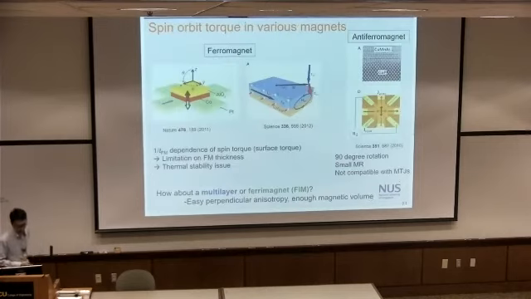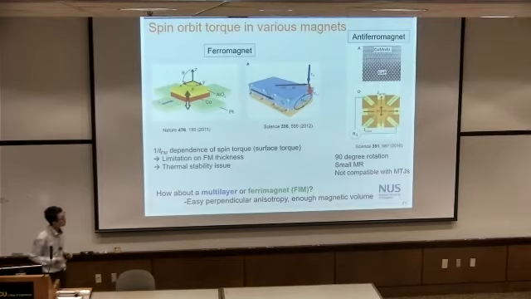All right, so let me go back to this SOT. As I mentioned, ferromagnet was the first choice. However, nowadays you see antiferromagnets. This is one of the examples reported by Thomas's group using copper manganese arsenide. However, right now they only showed 90-degree rotation.